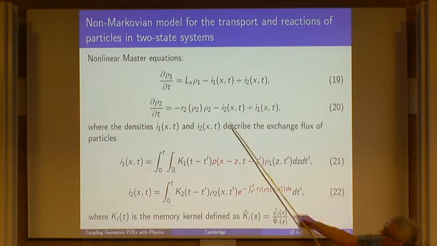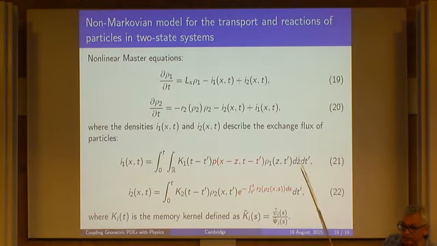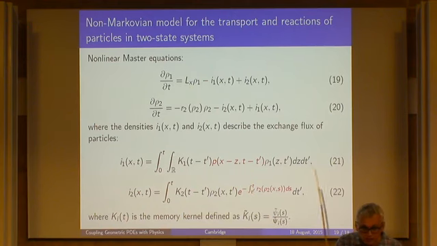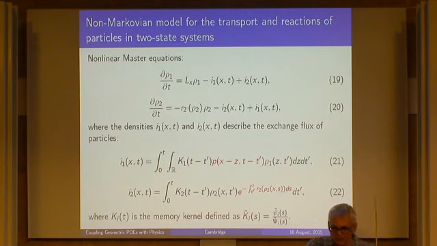The escape rate from state 1 depends not only on density, but also on some property, a Green's function corresponding to this operator, which depends on the transport. My point is, everything is interconnected. No superposition anymore.